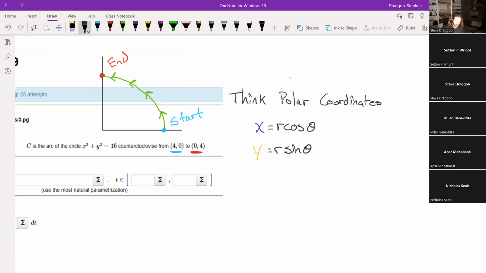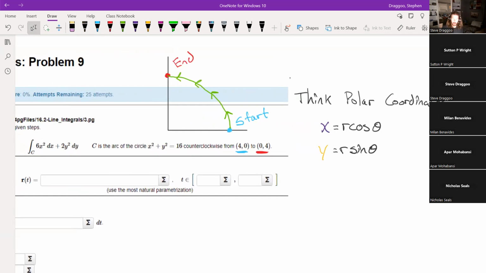So with that in mind, I think our best and easiest parameterization is going to be 4 cosine t, 4 sine t, where we'll use t to represent theta, and we're on a circle with a radius of 4. We're staying on the edge of that circle, so r is at a constant value of 4.